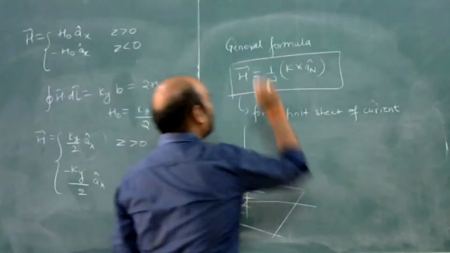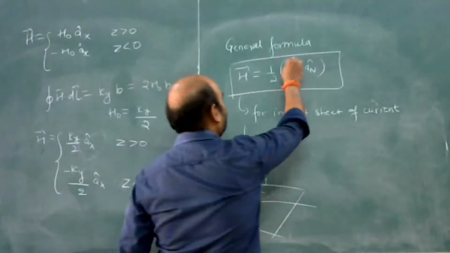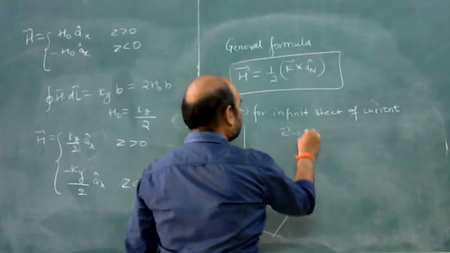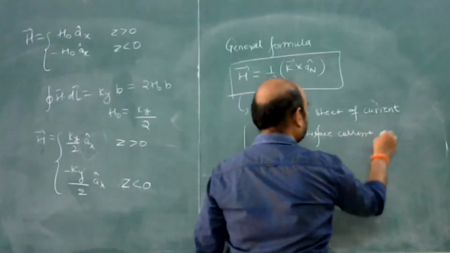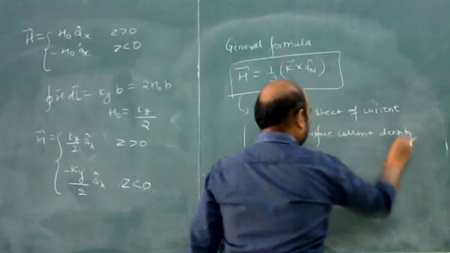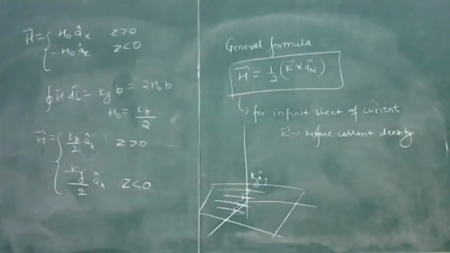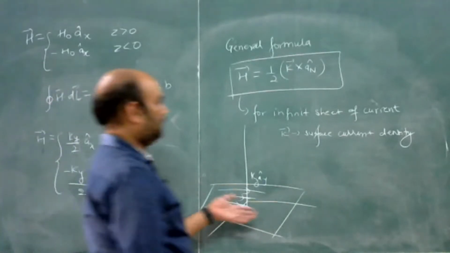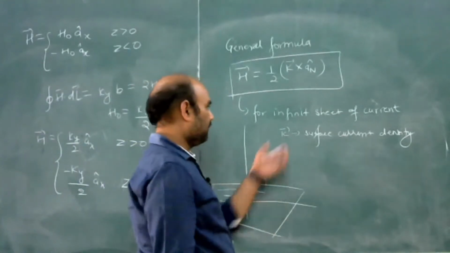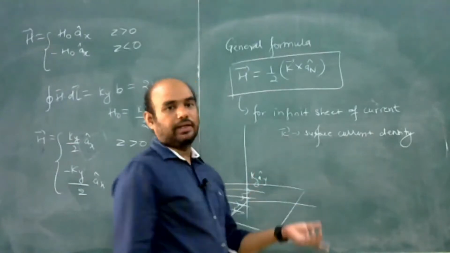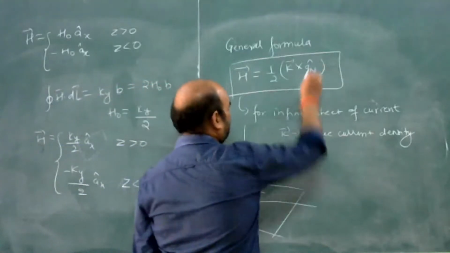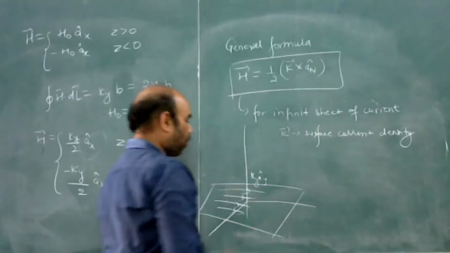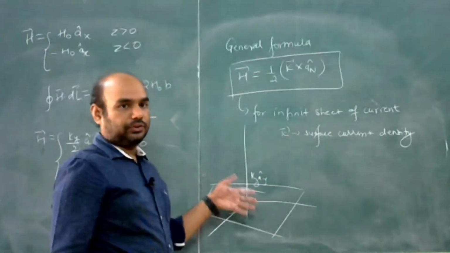So H is equal to half K cross an, where K is the surface current density. So this will be the value of H for an infinitely long sheet of surface current density.